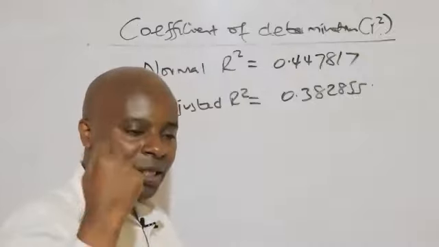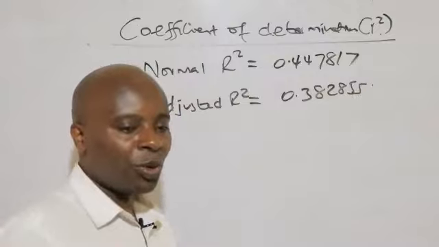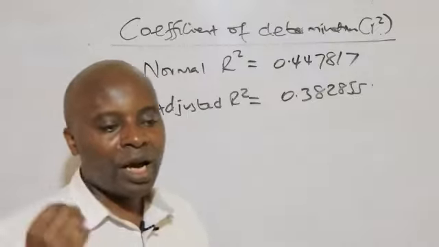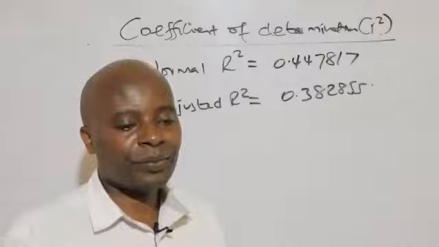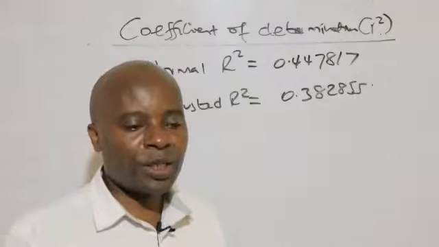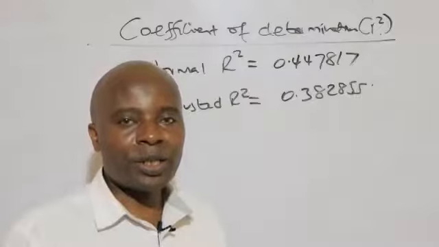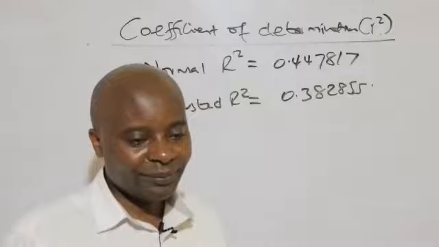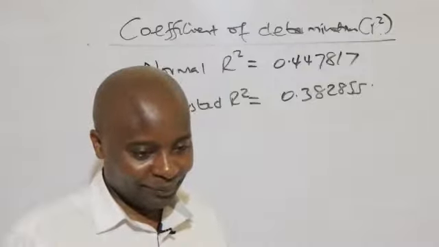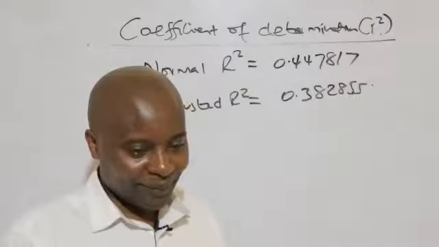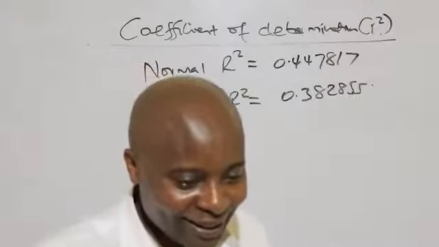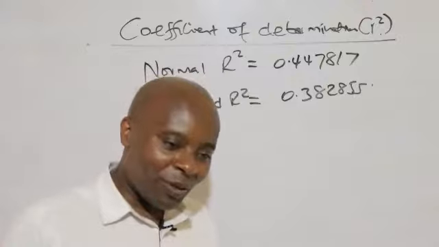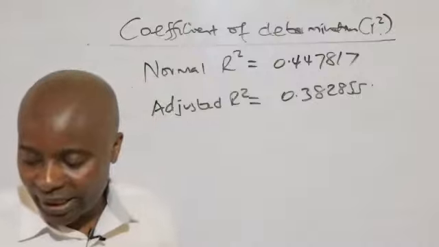Which one should we use to appraise a regression model? Normal, though it is below 50%, we should never use normal. We should always use the adjusted, and I will be able to explain why.